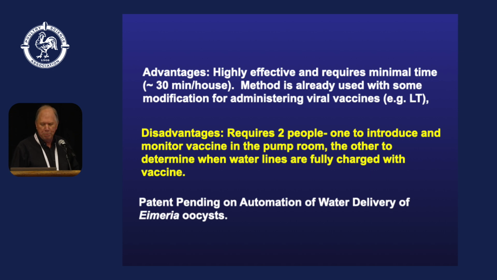Disadvantages: it requires 2 people, right? Hatchery spray vaccination requires 1 person, and it's at the hatchery. So you need someone to monitor the water lines, and you need somebody to introduce the vaccine into the water system. Part of our patent pending is an automated system for introducing this that hopefully will eliminate that need.